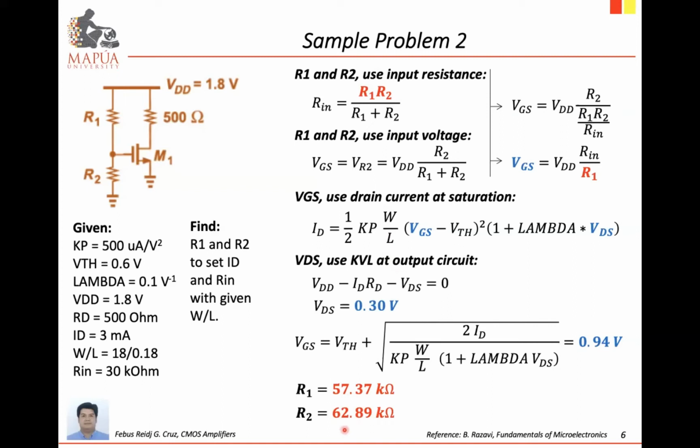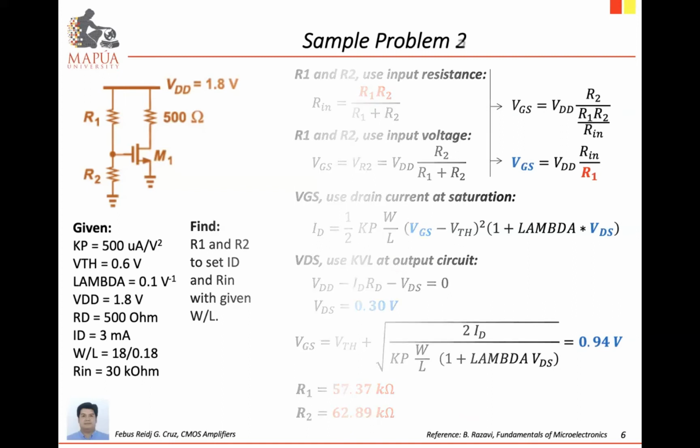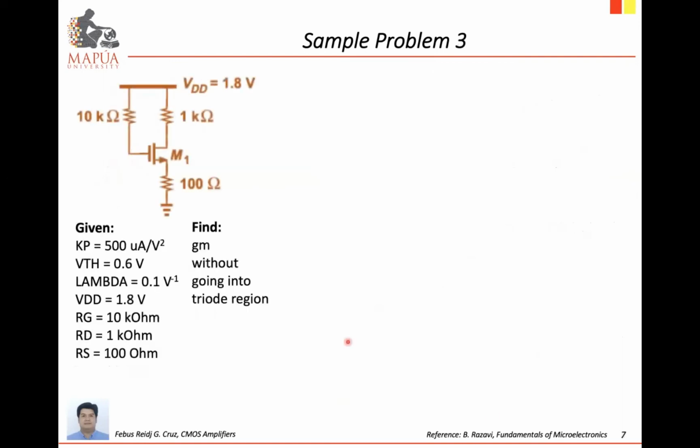Okay, let's move on to another example. We're given this kind of biasing circuit. Transistor parameters: Kp is 500 microampere per volt squared. Threshold voltage VTH is 0.6 volts. Channel length modulation parameter lambda equals 0.1 per volt. And from the schematic diagram, VDD is 1.8 volts.